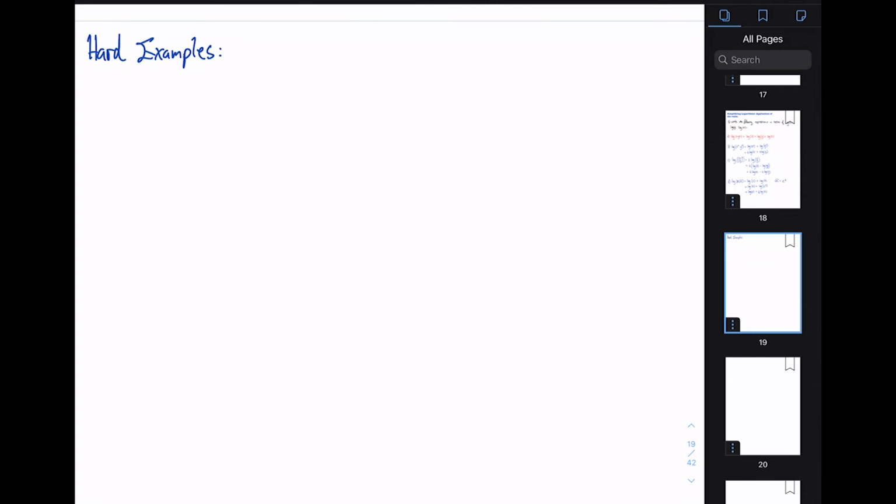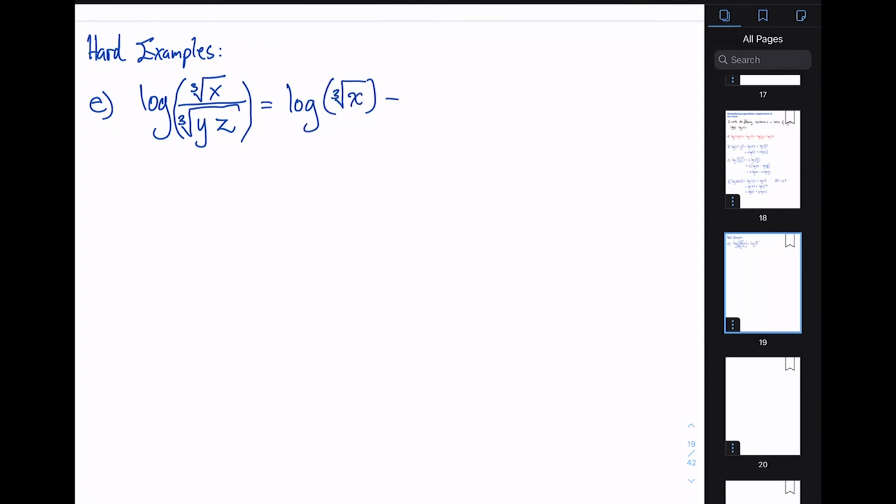The first one we look at, let's call this one E. I give you the log of the cube root of x over the cube root of y times z, all in brackets. So we have the log of this expression. First we have to recognize that it is indeed a quotient. So we're going to say that this is the log of the cube root of x minus the log of the cube root of y times z.